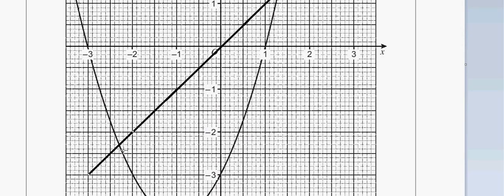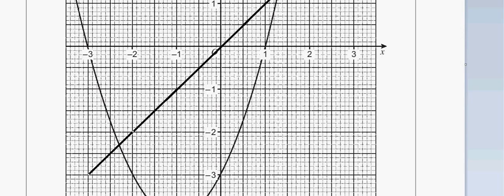Now I can see that the line crosses here and up here. So we have to find values for x.